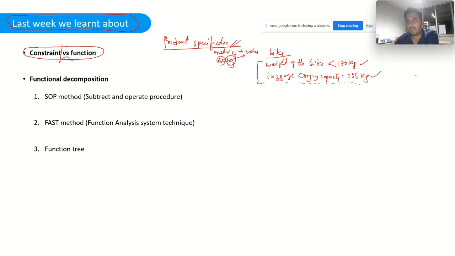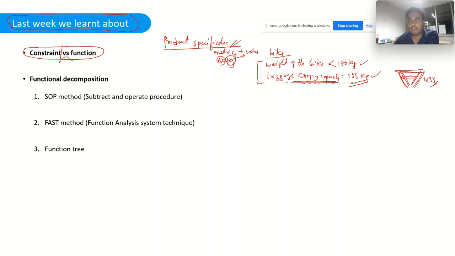When we design a bike, we can actually design for luggage carrying capacity. We can design the chassis, decide the thickness of the pipes, and play with the structural arrangement, so we can design for carrying 155 kg.